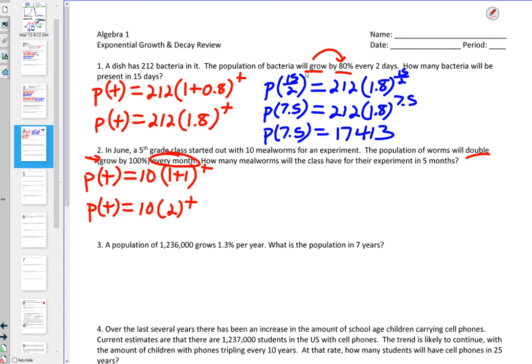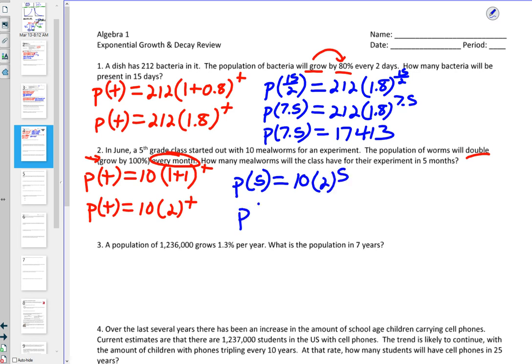Every month we get a new cycle of worms. So how many months pass by in 5 months? 5, it's just 5. So the population after 5 months is going to equal 10 times 2 to the 5th.